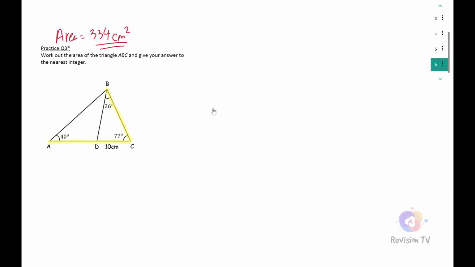Now to work it out, I've got a couple of things to do. First of all, I realize this angle BDC equals 180 degrees minus 26 minus 77, which is actually 77 degrees. If you have to give a reason, that will be angles in a triangle. Next, to work out the length of BC, I can use the sine rule.